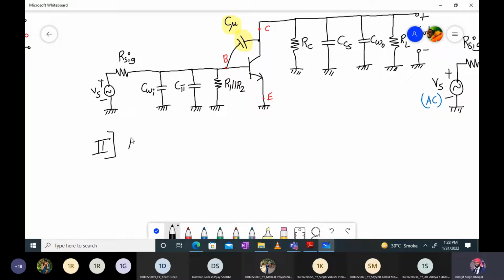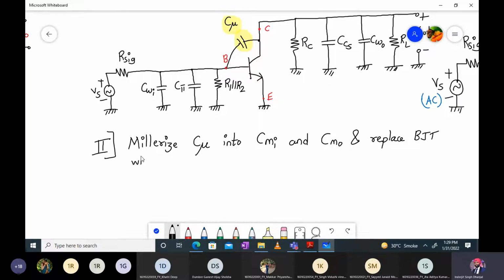We'll Millerize C mu into CMI and CMO and replace the BJT with its hybrid PI model.